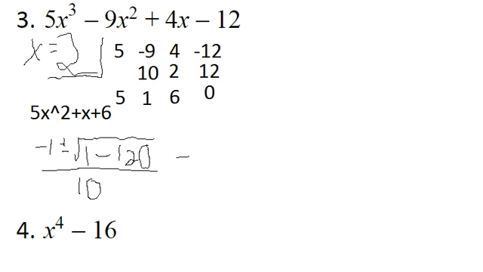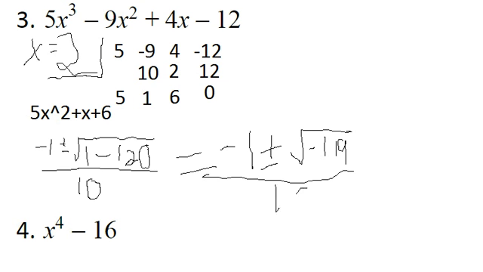Okay, so we're going to get negative 1 plus or minus the square root of negative 119 all over 2a, which again is 10. Okay, 119 I believe is prime. If you weren't sure about that, you could just try different things. 3 doesn't go into it. 5 doesn't. 7 doesn't.